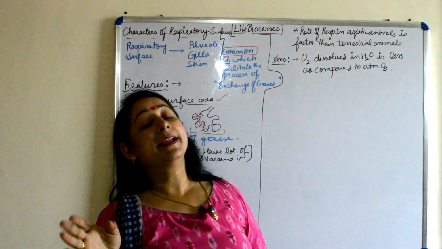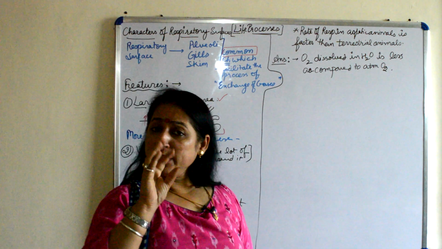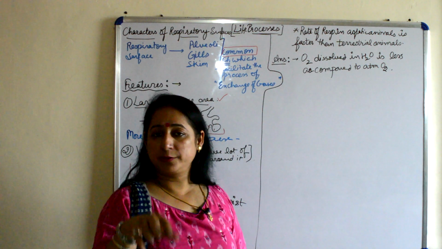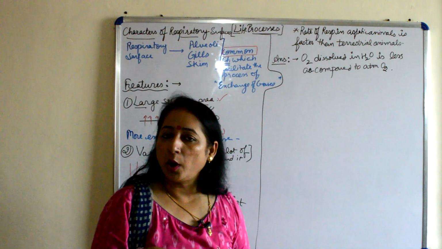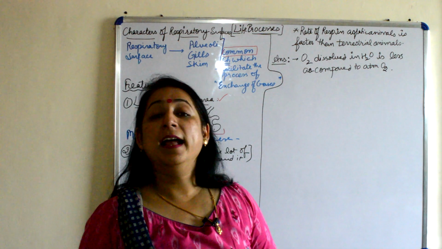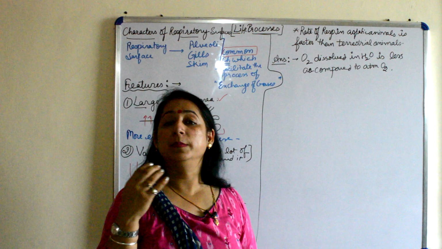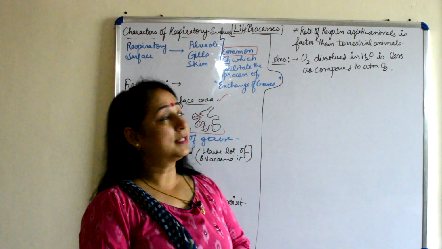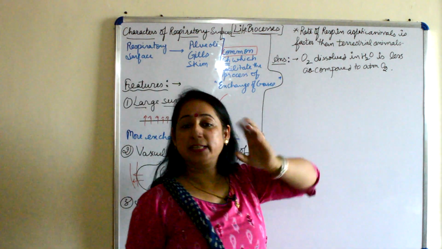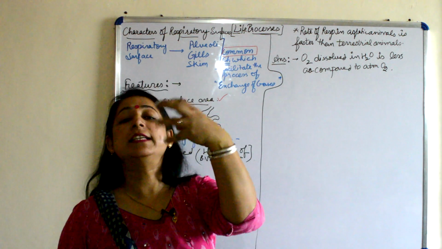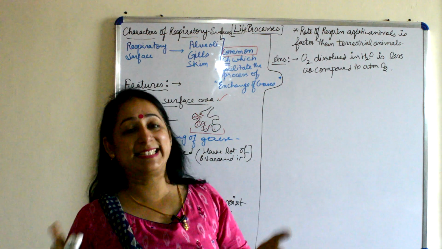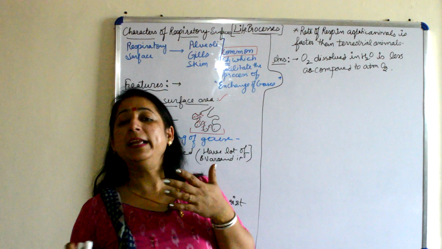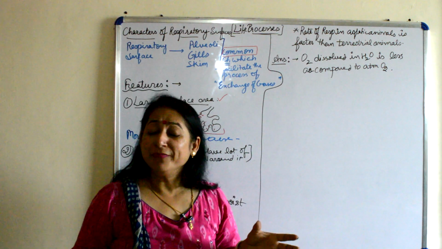But if we talk about aquatic animals, if they do not breathe, or you can say take in water fast for the extraction of that oxygen into their body, they will die of starvation from oxygen. Why? Because there is very little oxygen in water. The more water they take in, the more oxygen they can extract. So they have to breathe faster. So their rate of breathing is faster as compared to terrestrial animals.